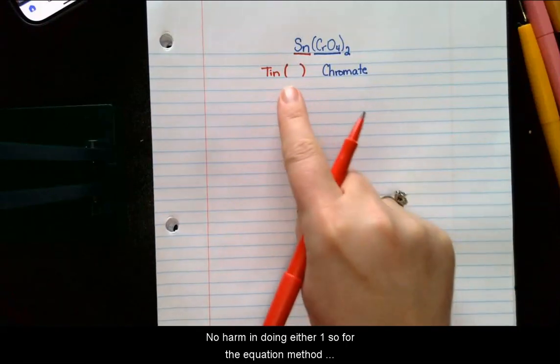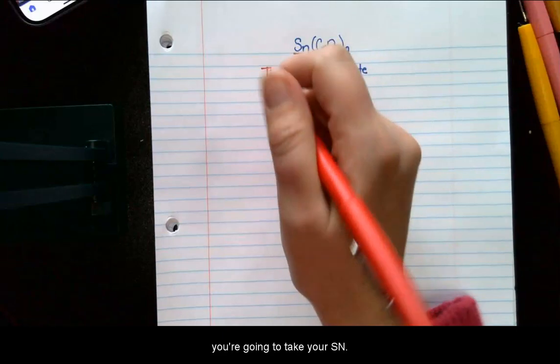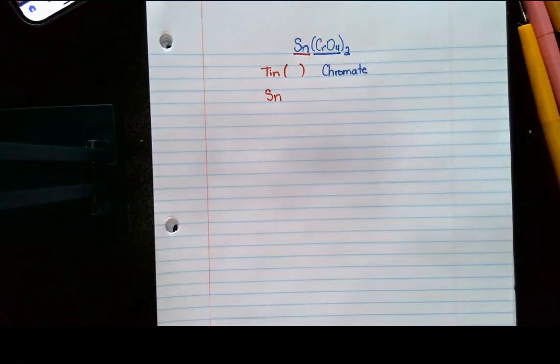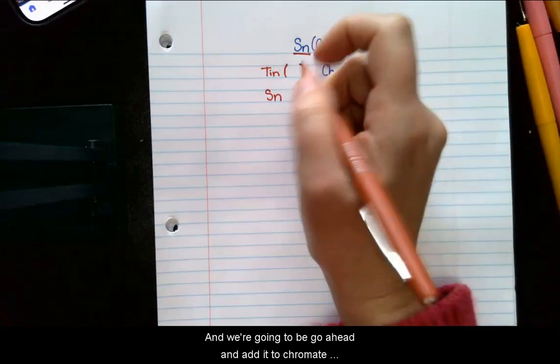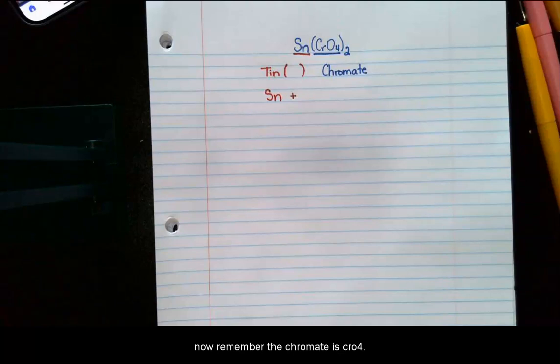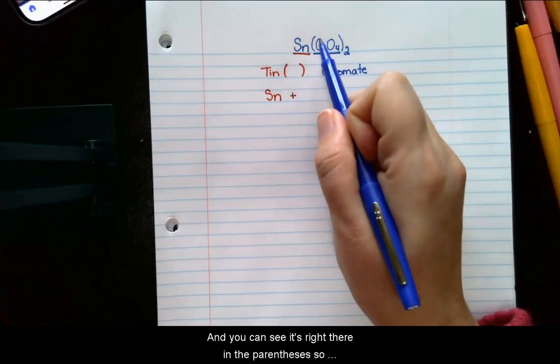So for the equation method, you're going to take your Sn, and we're going to add it to chromate. Now remember, the chromate is CrO4, and you can see it's right there in the parentheses.